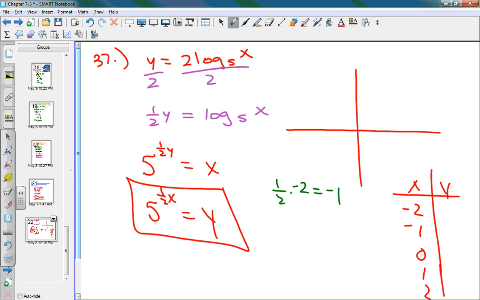Well, what is 5 to the -1 power? 1/5, right? Over here, 1/2 times -1 is going to be -1/2. Well, if I put 5 to the -1/2, what is that? Five to the -1/2 is what?